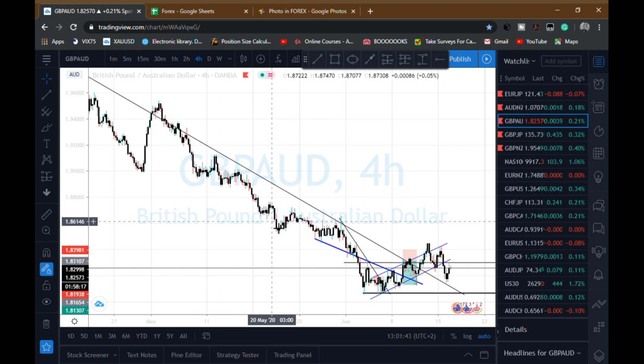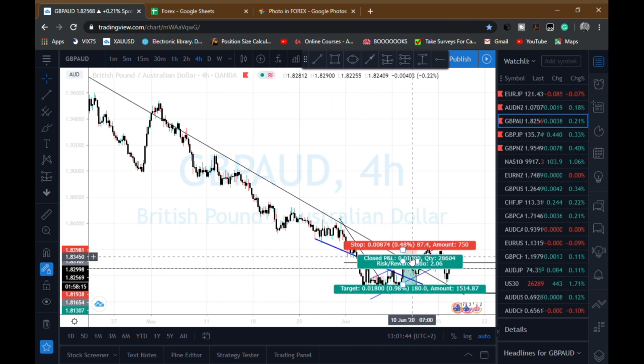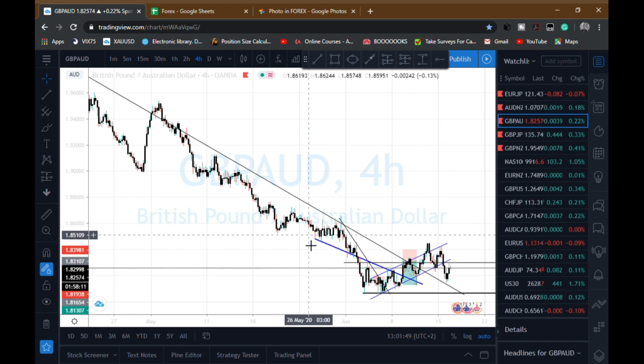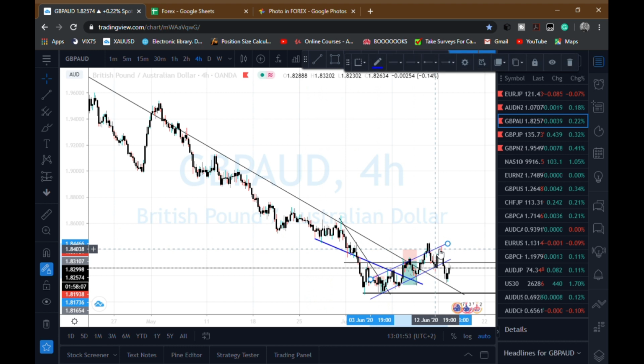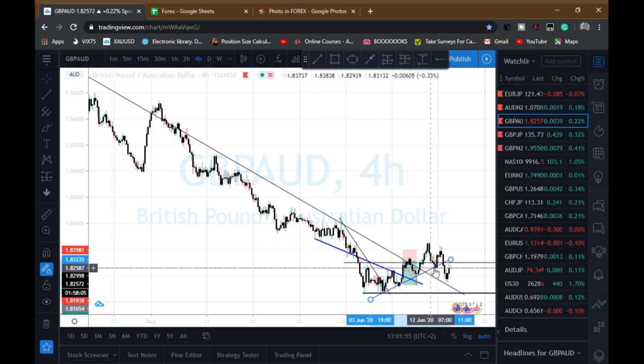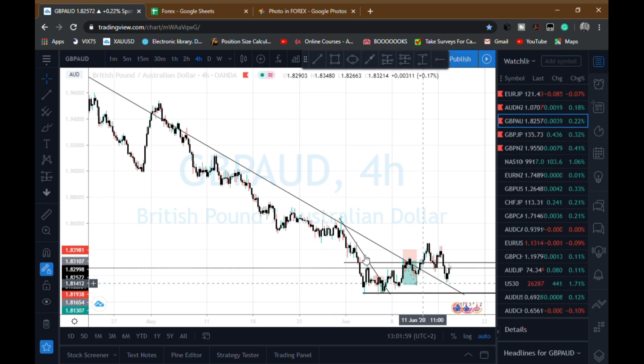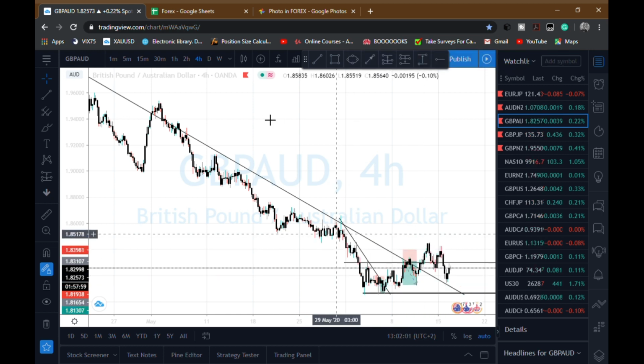So let's go to GBPAUD. So this is the trade that I took. Hey, my chart is kind of messed up at the moment. I'm just going to delete this unnecessary stuff which is no longer relevant, and I'm going to switch to the 1 hour time frame.